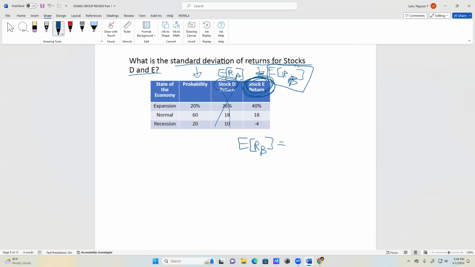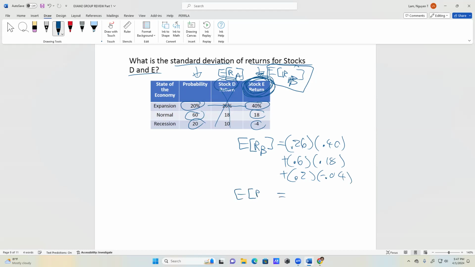ERB, like I said, probability multiplied with this because they're next to each other. 0.2 multiplied by 0.40, then add 60%, 0.6 multiplied by 18%, plus 0.2 multiplied by negative 0.04. When you add them up, that gives you the expected return.